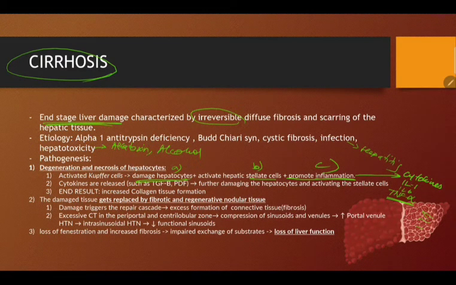So now there's degeneration and necrosis, and the stellate cells that were present cause fibrotic and regenerative nodular tissue to be produced. The damage triggers a repair cascade. Mostly in all situations, it's simple once you understand that whenever there's inflammation or damage, there will be a repair cascade, which is not a regeneration, because that's kind of impossible.